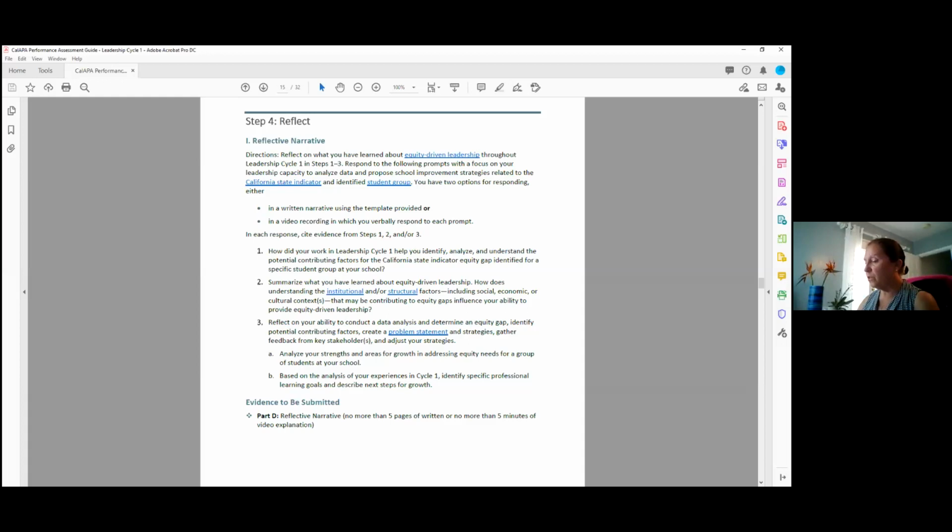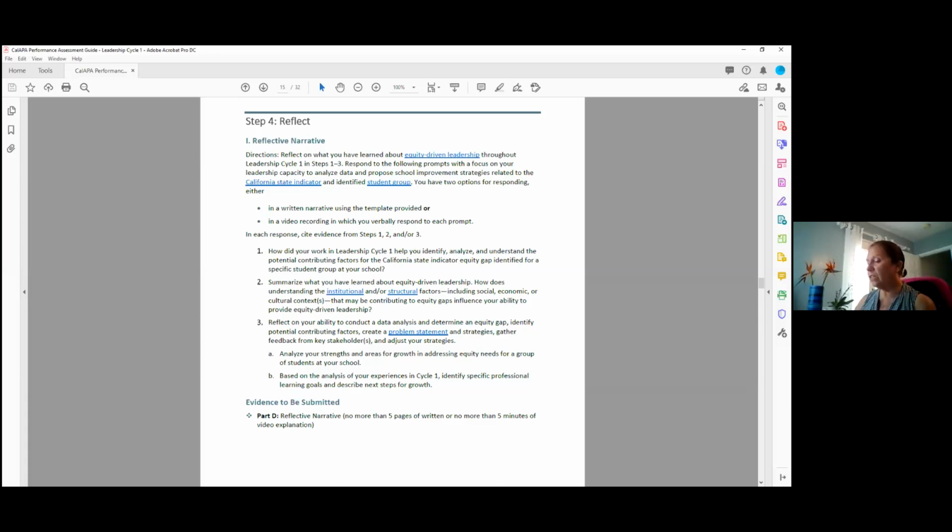So that's the first question. And our question in there is around, how did you identify, analyze, and understand the potential factors for that California State Indicator equity gap identified for that one student group at this school?